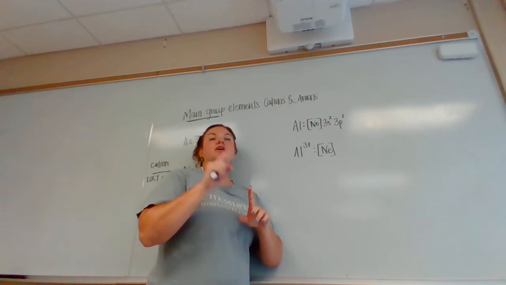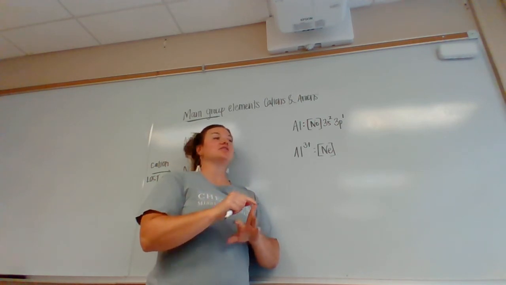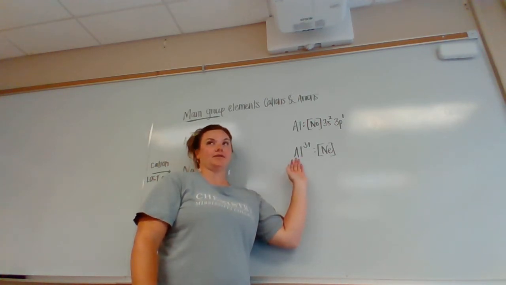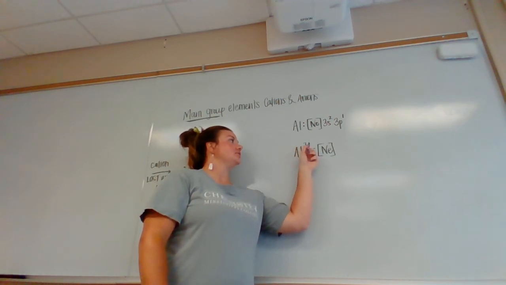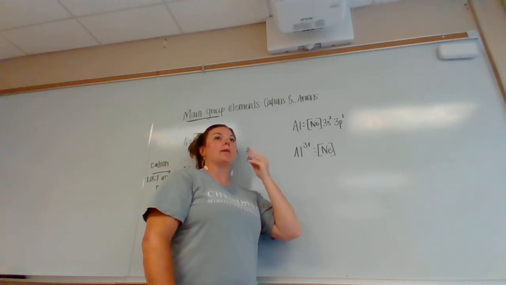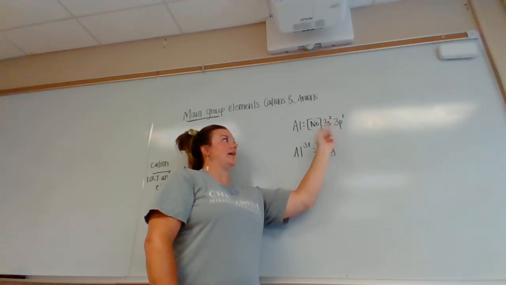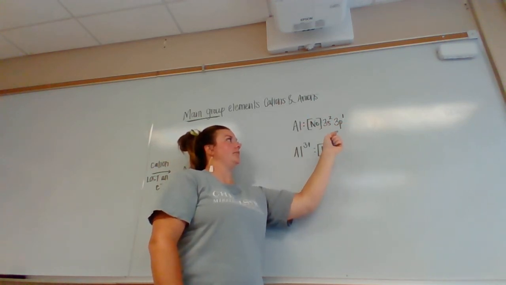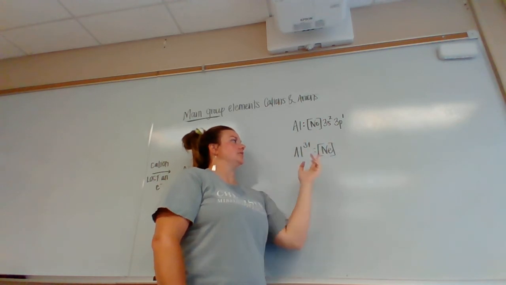You change neutrons, you have isotopes. You change electrons, you have ions. So if I have a +3, that means I have to remove 3 electrons. I'm going to remove the last 3 electrons in that shell of orbitals, so 1 from the p, 2 from the s, so now I'm just neon.